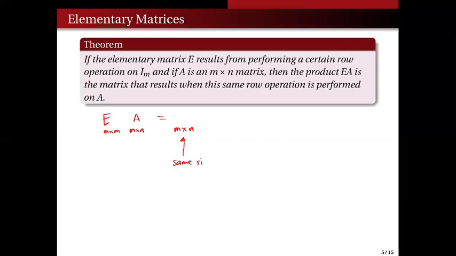Same size as A. And according to this theorem, instead of actually multiplying EA, all you have to do is to know what row operation was applied to the identity, and then you apply that to matrix A. That's your EA.